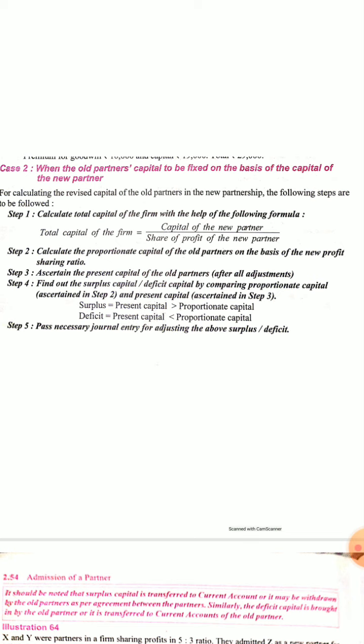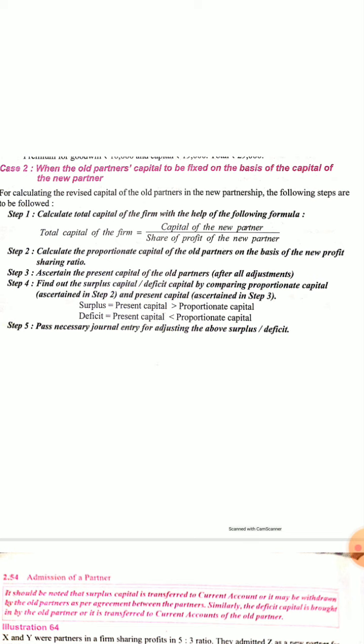Again, you have to ascertain the present capital of the old partners after all adjustments, those adjustments which already have been done in case 1, that means addition of revaluation profit, the general reserve and accumulated profit, and you have to subtract the opposite side of that.